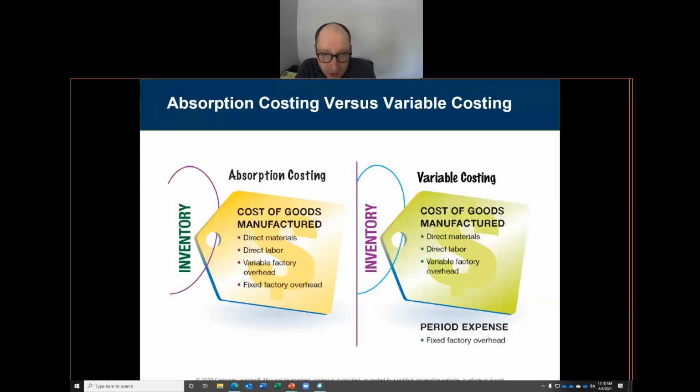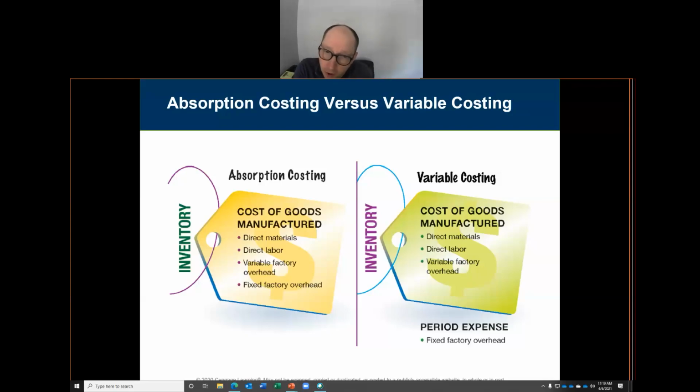Let's compare the two methods. Let's compare absorption costing to variable costing. In absorption costing, we have direct materials, direct labor, variable factory overhead, and fixed factory overhead. That's absorption costing. We absorb all of the costs in manufacturing.